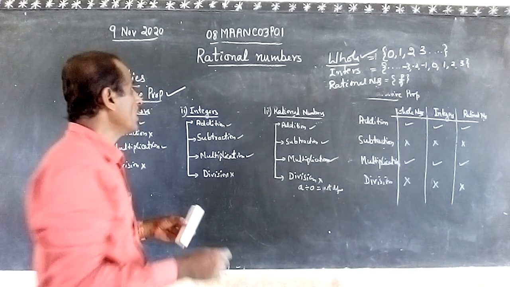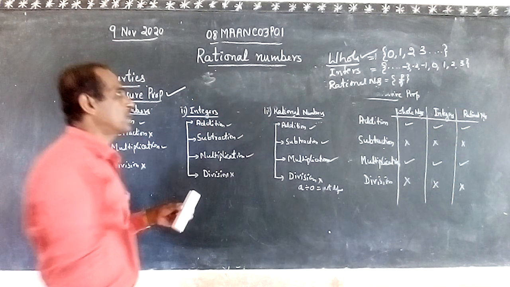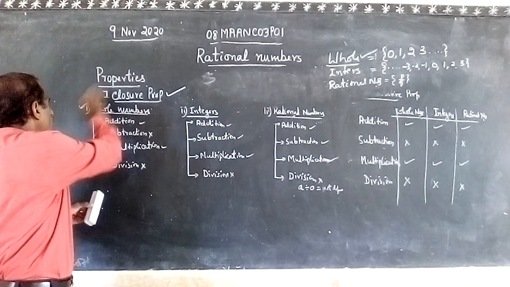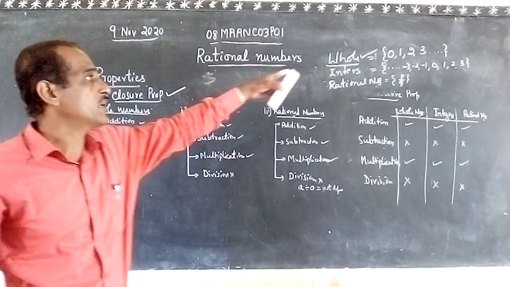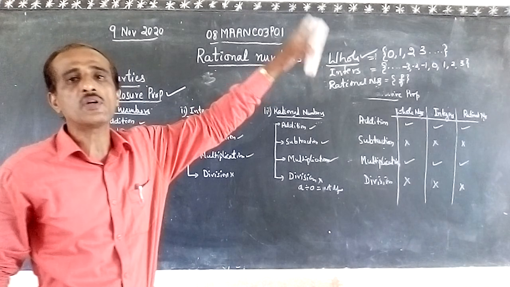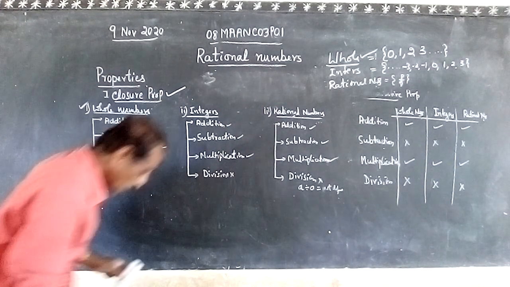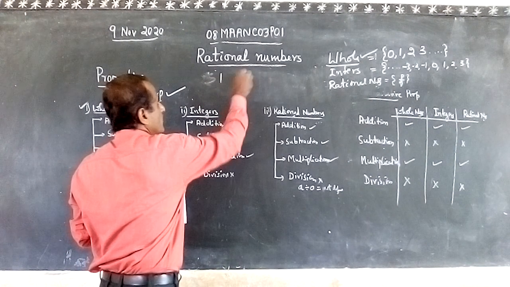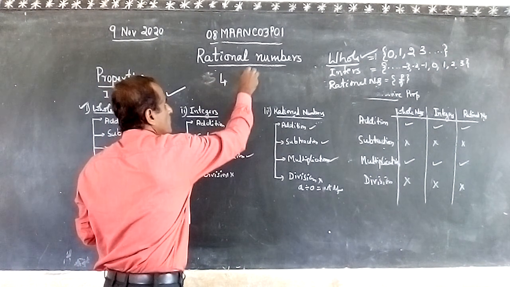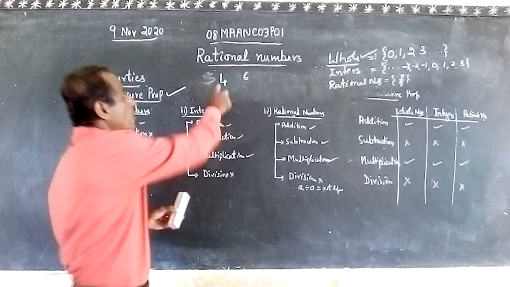Closure means for all a and b. Let us apply it for whole numbers. What are whole numbers? 0, 1, 2, 3, 4. These are all called whole numbers. Now, if we add any two whole numbers, let us consider two whole numbers, say 4 and 6.